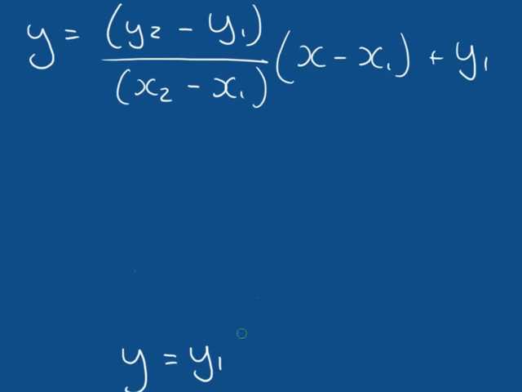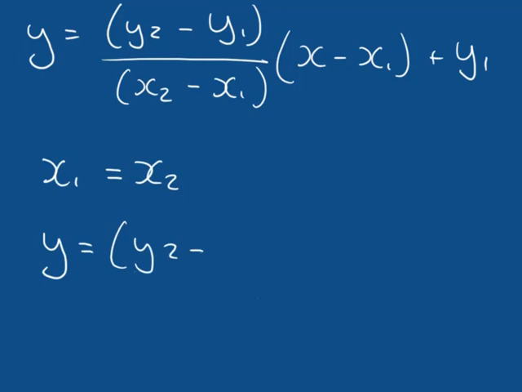When it's vertical, there's no change in x, all of our x coordinates are equal. So that means that x1 is equal to x2. Well, in this case, let's see what happens to our equation. So we have y is equal to y2 minus y1 divided by, well, if x2 is equal to x1, that means that when we subtract x1 from x2, we're going to get 0.